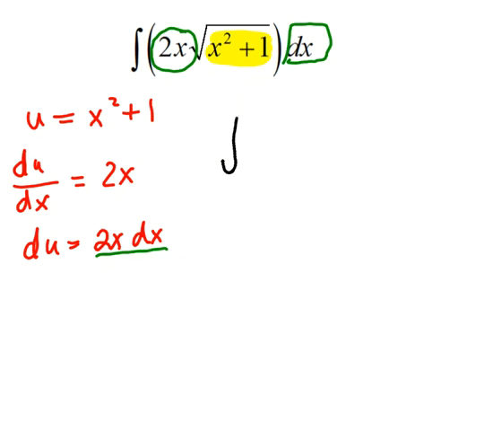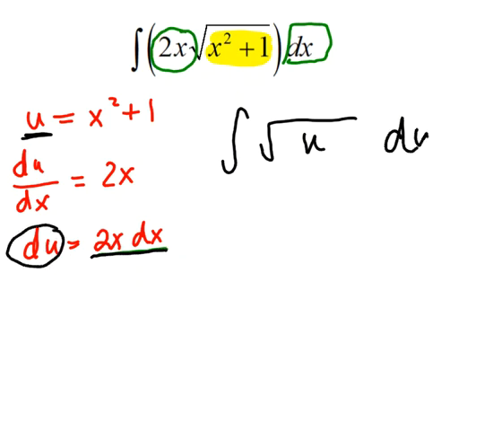I'm going to change my variables to u's. x squared plus 1 is the same as u, so it's going to be the square root of u. And then I had this 2x dx that I have circled in green. Well, 2x dx is the same as du. So now I have the integral of square root of u, and I'm going to rewrite that as u to the 1/2 du.